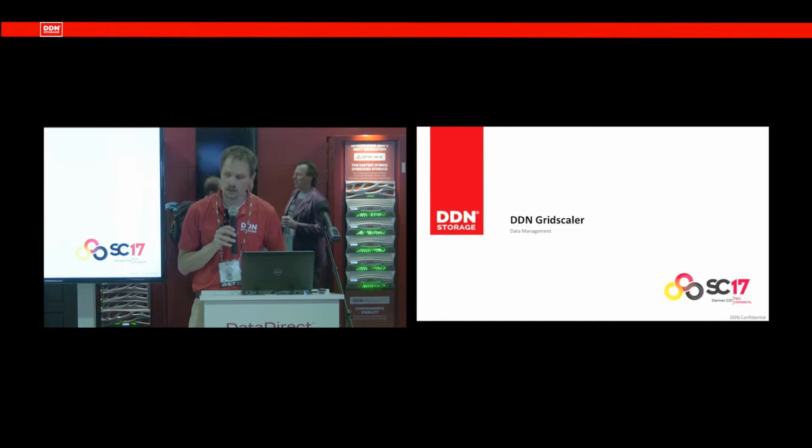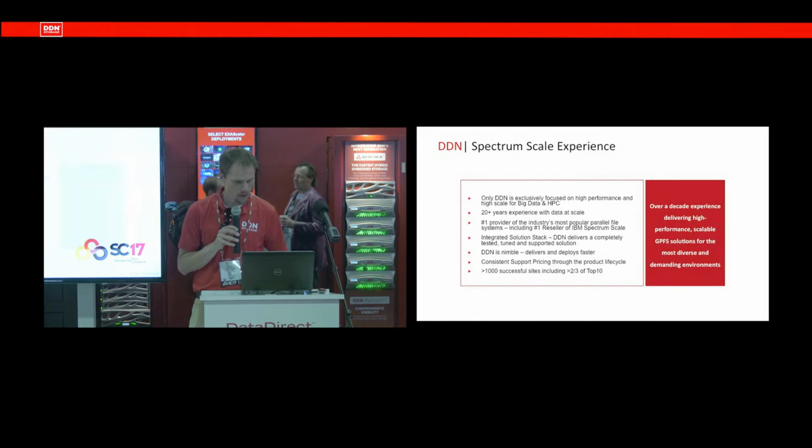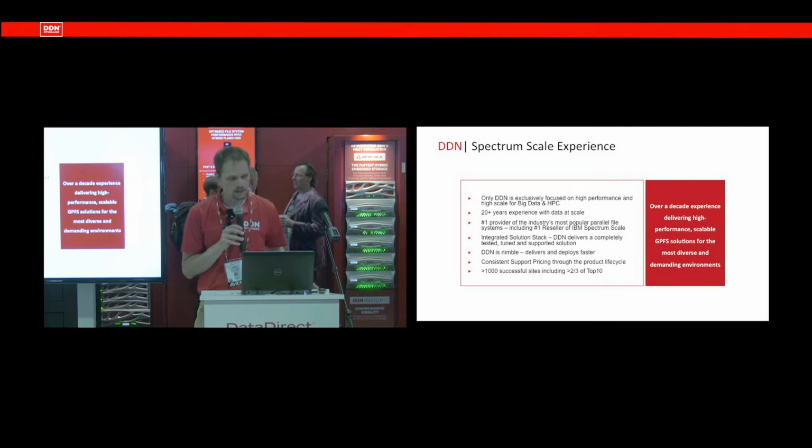So switching gears to GRIDScaler. DDN is one of the largest sellers of, actually I guess it is the largest seller of Spectrum Scale. We have a nimble solution, we have on-site support for that, as well as referring out to IBM if it's a tier 3 type of issue.